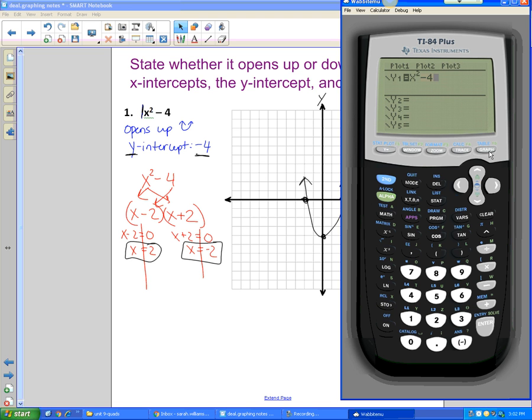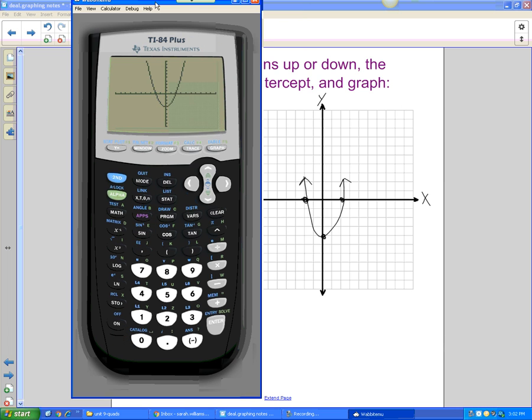And then you would actually hit the graph button, not second graph, but just graph. And you see that the calculator picture matches our picture that we made. If your graph doesn't look like this on the calculator, you want to hit zoom 6. If yours doesn't look quite like mine, I'll get it reset for you.